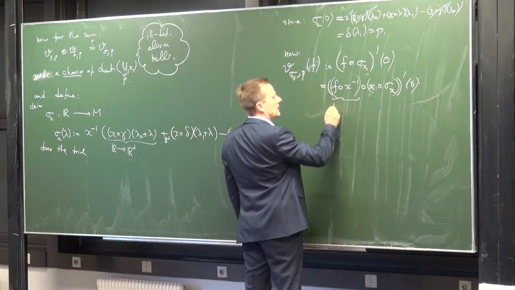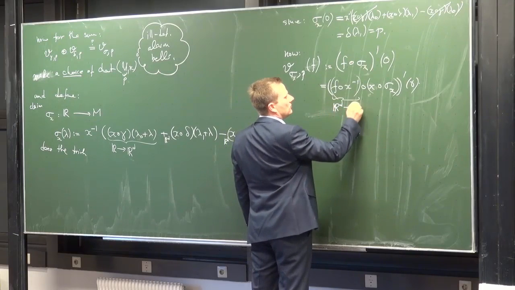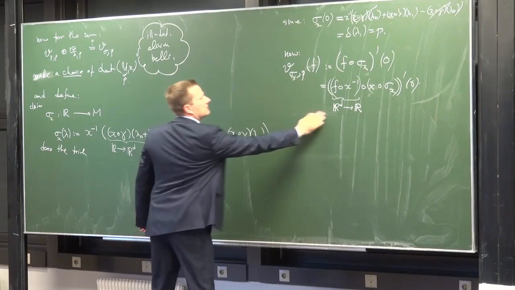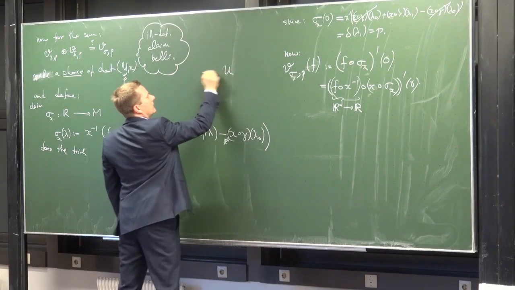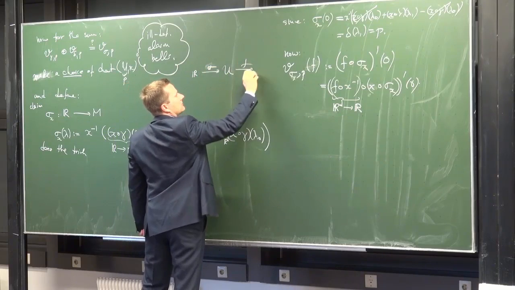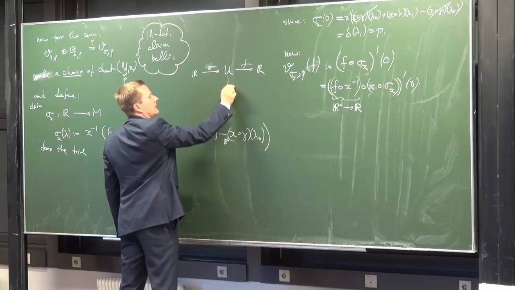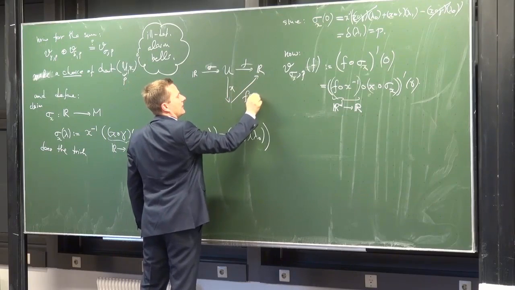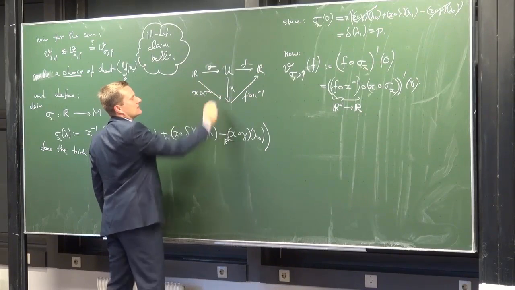Now, this is the derivative, and let's see what kind of objects we have. This is a function from R^D to R, right? Maybe it helps to write down what happens here. The curve sigma lands here. The arbitrary function f is defined there. We have a chart here. We have f after x inverse, and here we have x after sigma x.